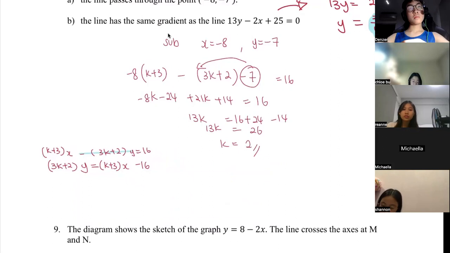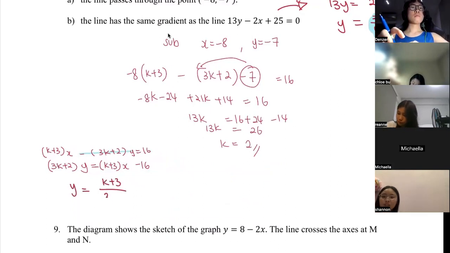Is it a 1y or no? Not yet, right? How do I make the y become a 1y? It must be a standalone 1y. I divide everybody by 3k plus 2, isn't it? So y equals to k plus 3 over 3k plus 2, x minus 16 over 3k plus 2.